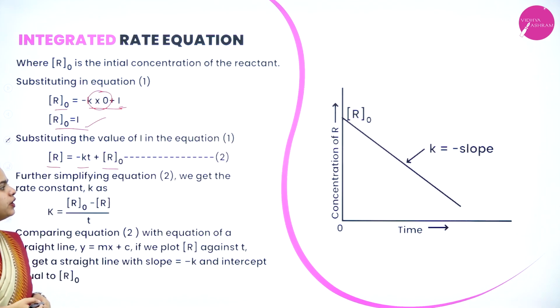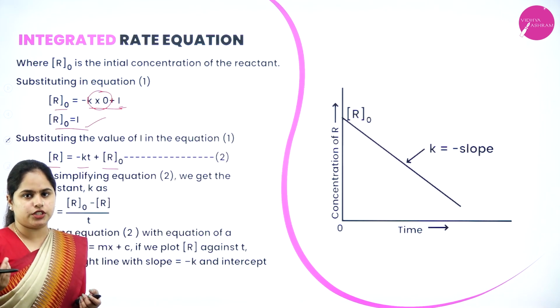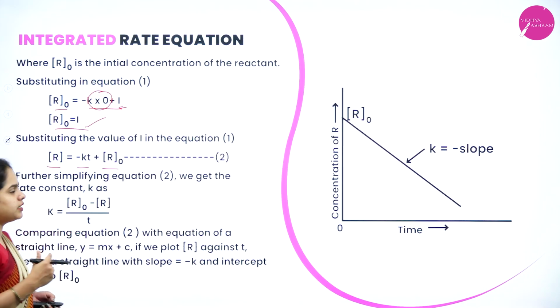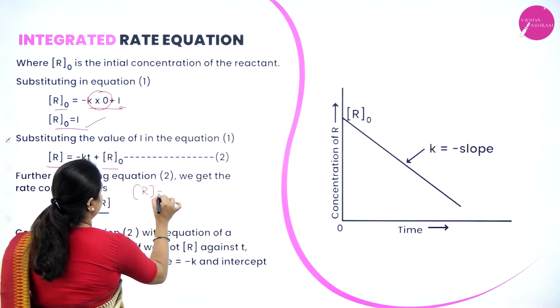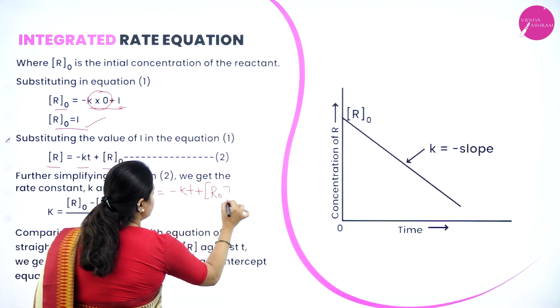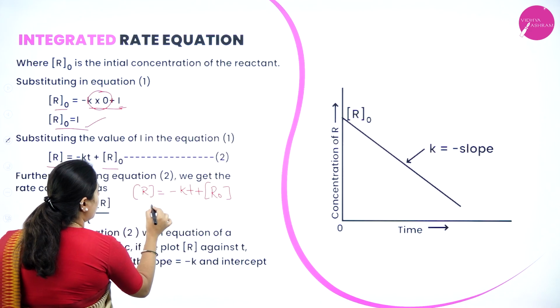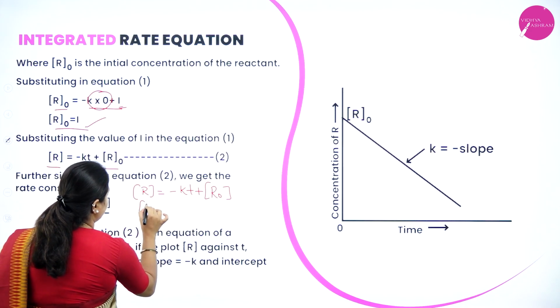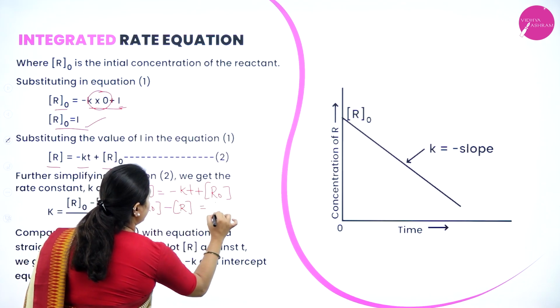Now, further simplifying the equation, we are going to calculate the integrated rate equation. Just by rearranging this equation: R is equal to minus kt plus R0, right? Minus kt, if I bring to this side, becomes plus kt. So it will be R0 minus R is equal to kt.